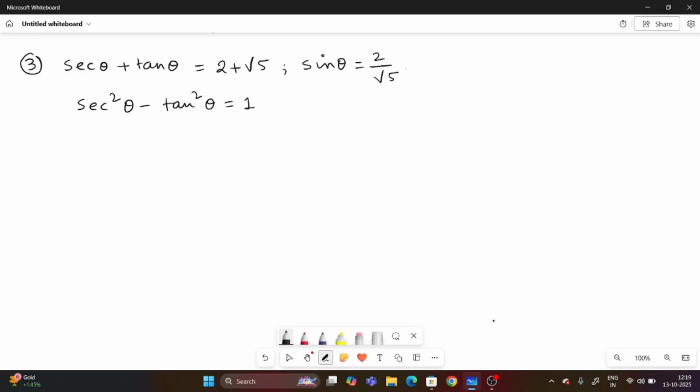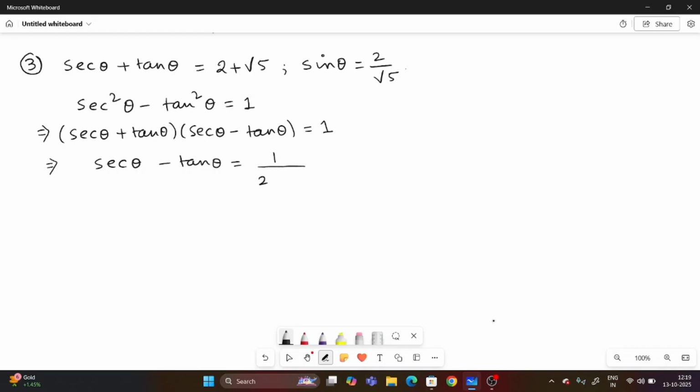So we can use the formula of a square minus b square in the left hand side. Sec theta plus tan theta multiplied by sec theta minus tan theta equals 1. Substituting the given value, we can say the value of sec theta minus tan theta is 1 by 2 plus root 5. Now do some kind of rationalization.